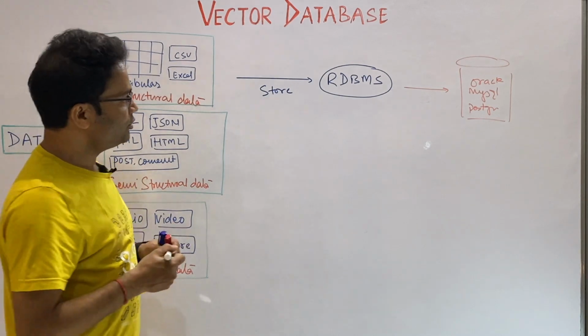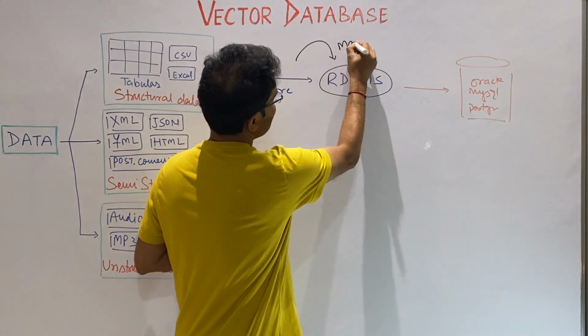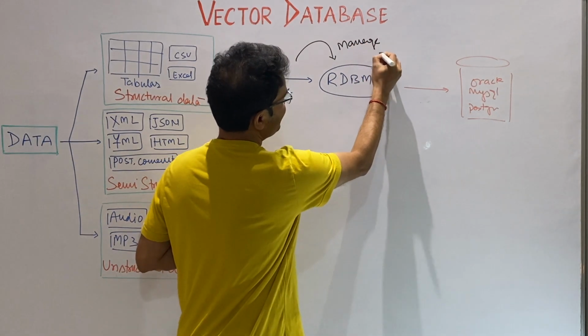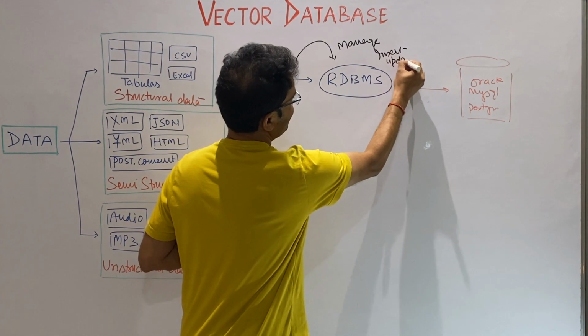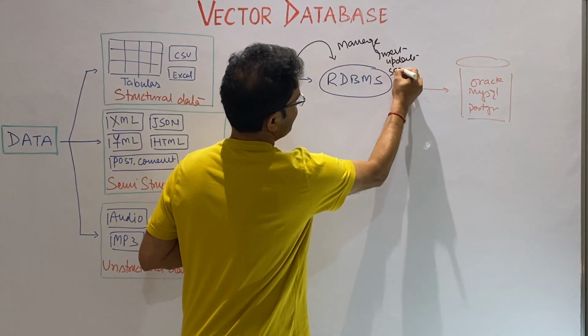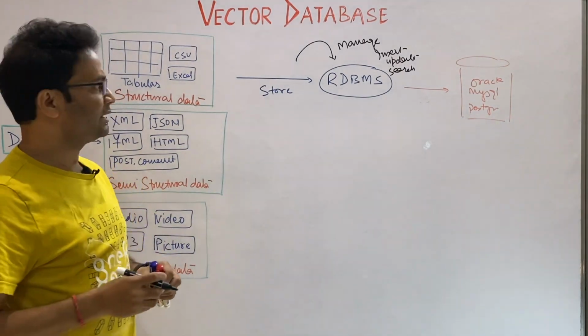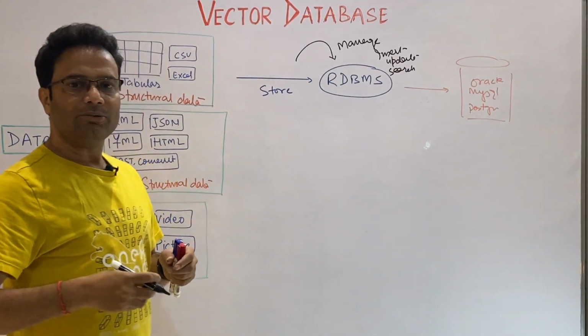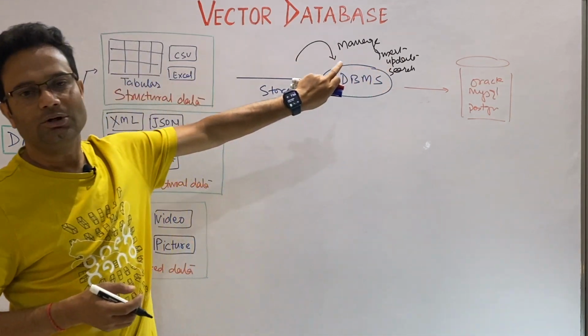The benefit of a database is to manage the data. Manage means you can easily insert the data, easily update the data, and easily search the data. This kind of facility any database provides. So when you talk about any database, we at least expect this much functionality.